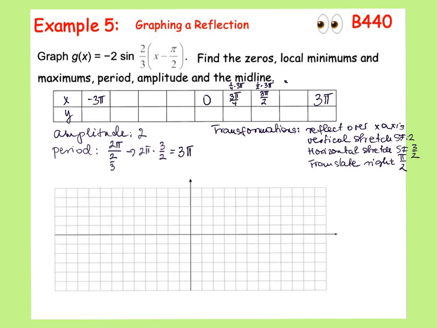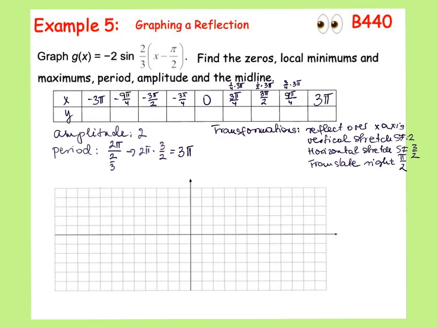And here we'll have 3/4 times 3 pi, which is going to give us 9 pi/4. So now we'll go into the negative direction. So it's negative 3 pi/4, negative 3 pi/2, and negative 9 pi/4.